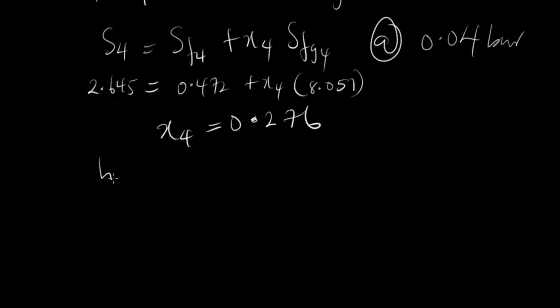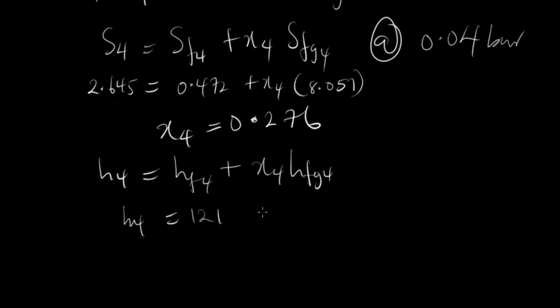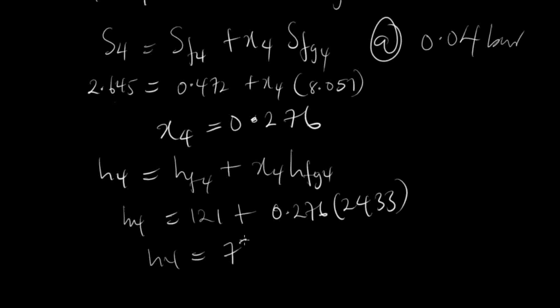So H4 is equal to HF4 plus X4 HFG4. So HF4 is 121 plus 0.2762433. H4 is equal to 793 kilojoule per kilogram.